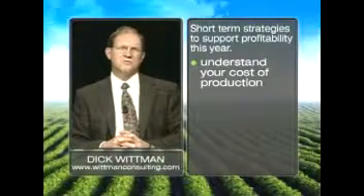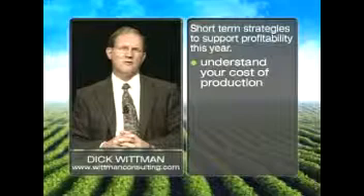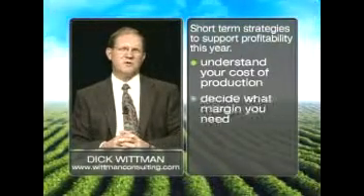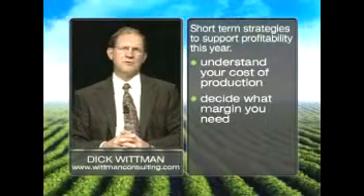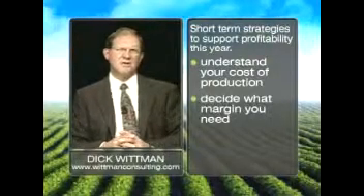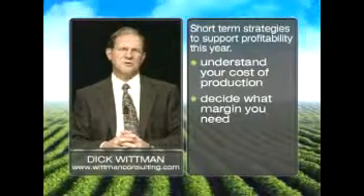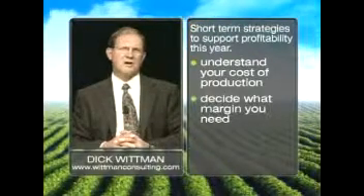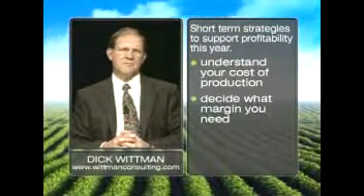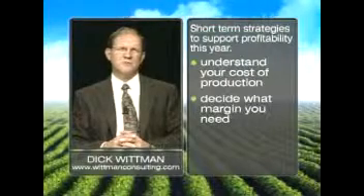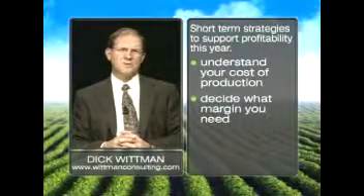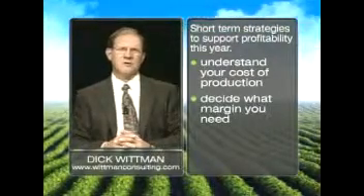One of the essential parts of risk management that is often overlooked is clearly understanding your cost of production and then setting some specific goals for what level of margin you need in your business to succeed. And when you exceed those margins, you start seriously looking at marketing opportunities. We have an opportunity right now, if you're a wheat producer, to sell wheat at prices that are 150% of what we saw a year ago.